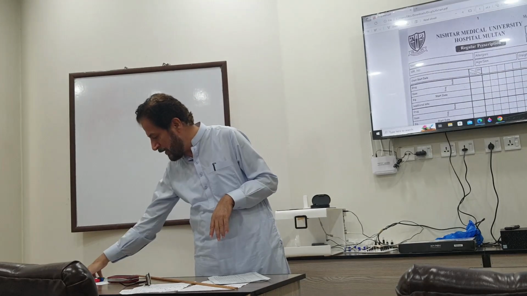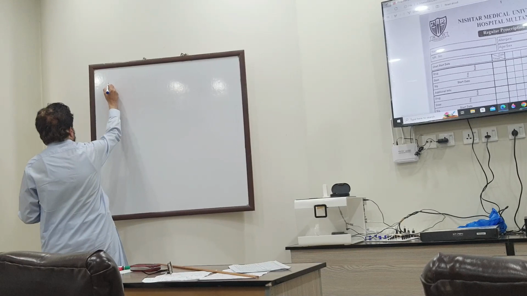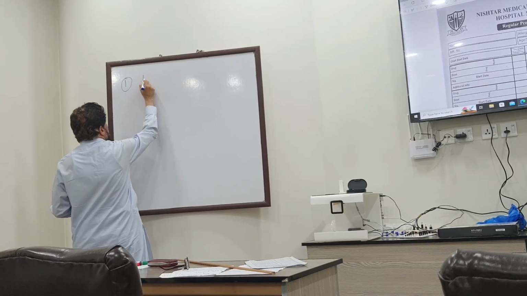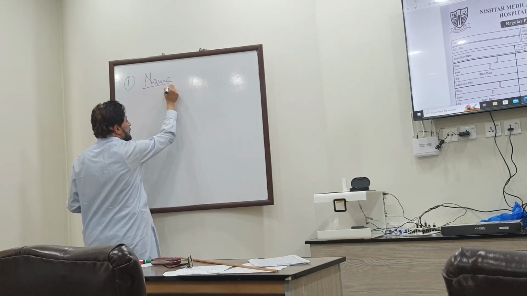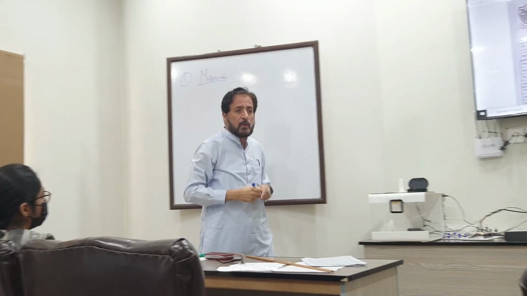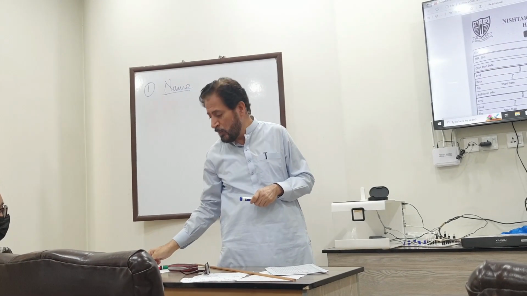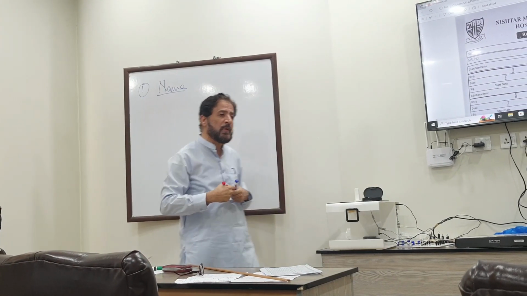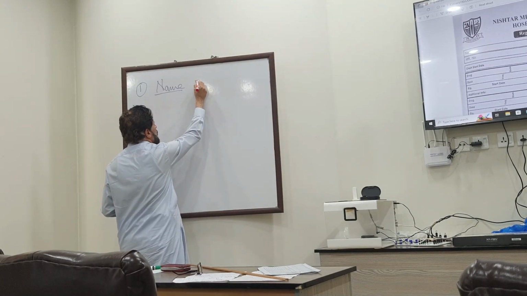So the first step is that you write the drug name. You write the name of the drug, right? Now this itself contains 3 components. When you are writing the name of the drug, you have to write 3 components. That would be, what is the formulation?